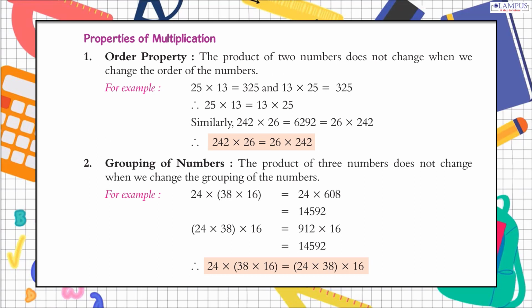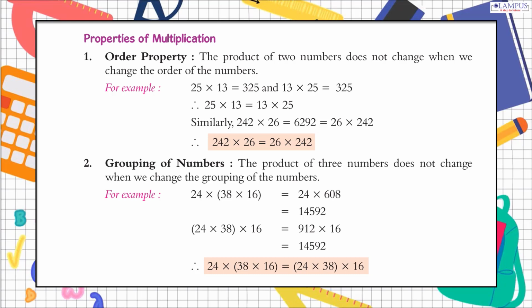Properties of multiplication. 1. Order property. The product of two numbers does not change when we change the order of the numbers. For example, 25 times 13 equals 325 and 13 times 25 equals 325.